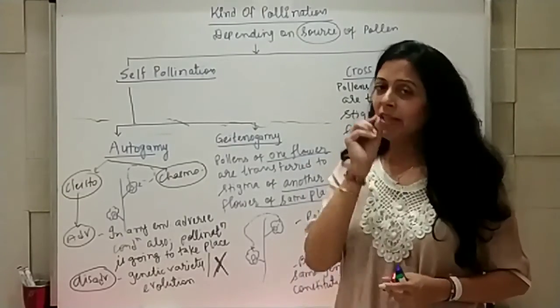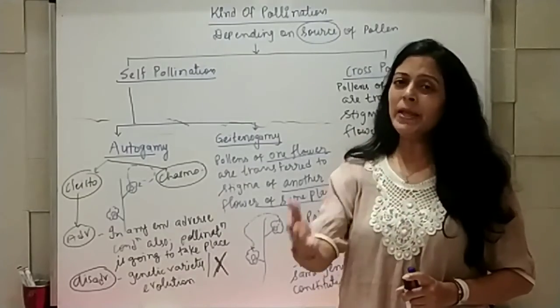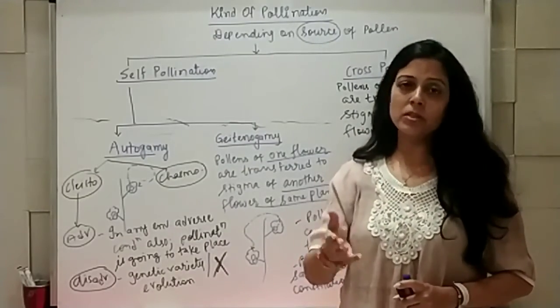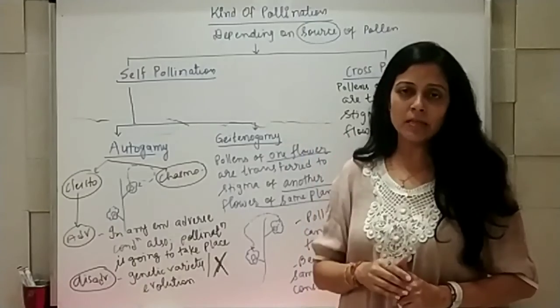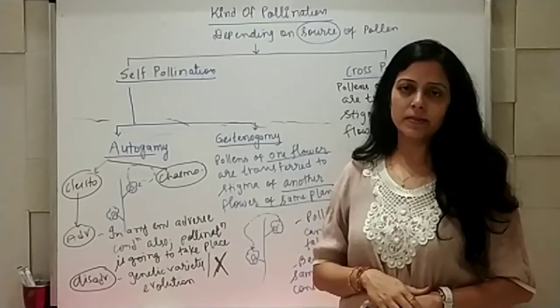They will have the same type of pollens every time. There cannot be any changes, no variations, no evolutionary mechanism which is seen in the autogamy cleistogamous flowers.